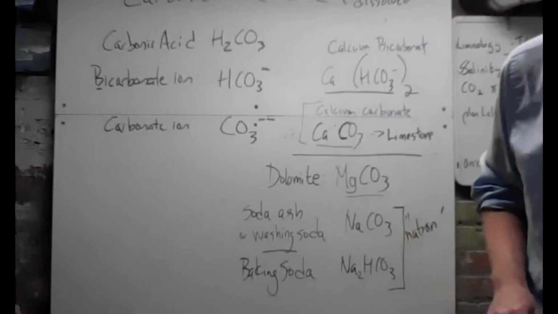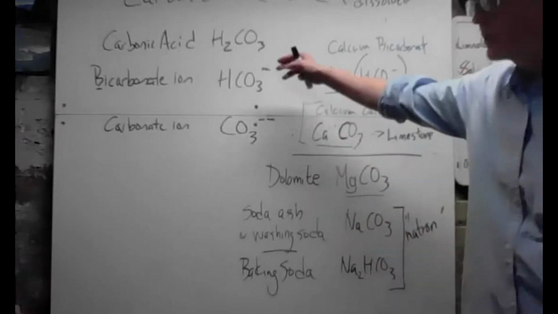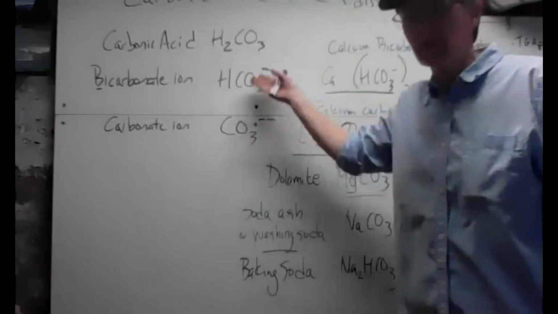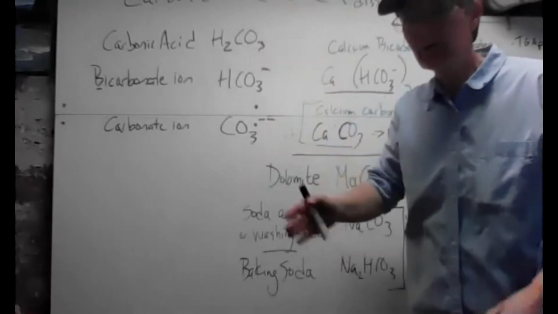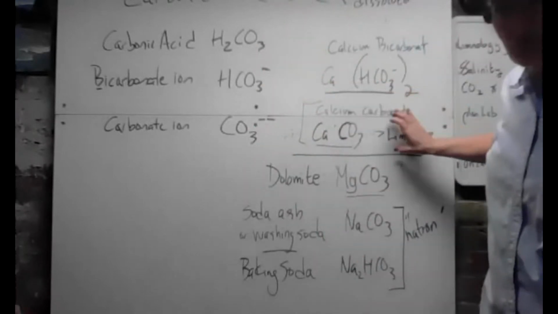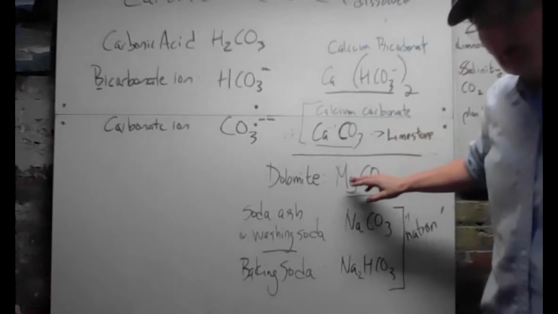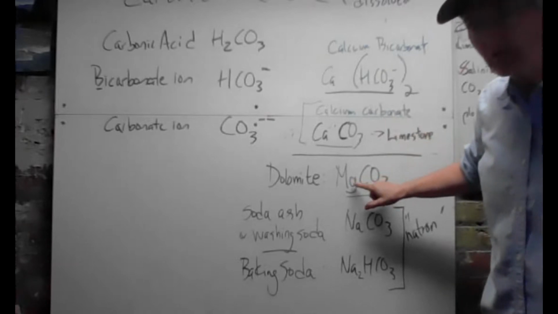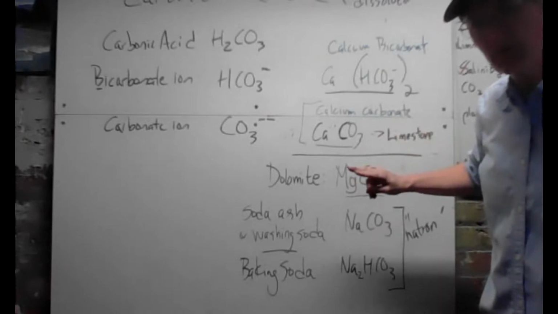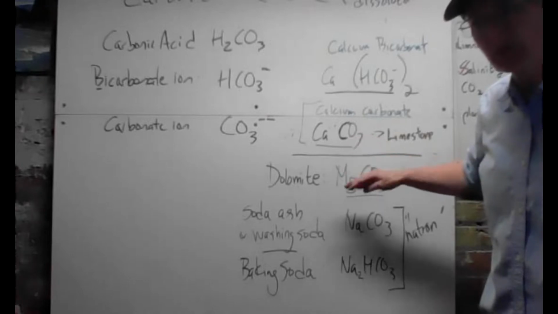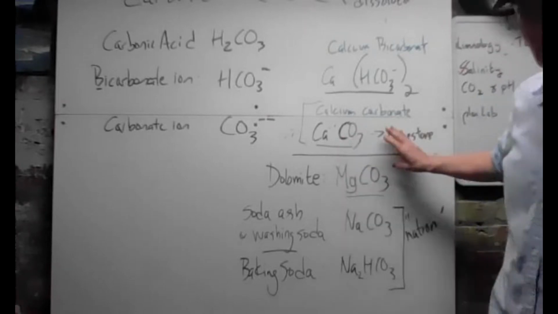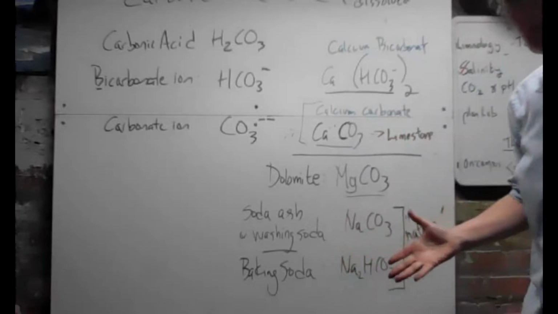Okay, so we've got these four things that you find dissolved in water. This is the simple precipitate that we're going to talk about more, calcium carbonate. There's also a lot of magnesium ions in water. It's number 2 after calcium. So some kind of mixture of calcium and magnesium carbonates is really what you're going to get.